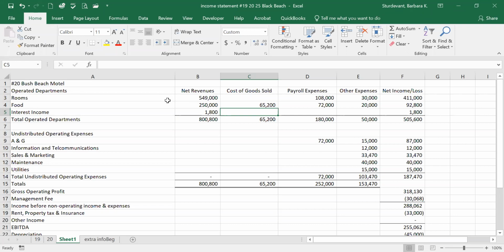Yeah, so with your rooms, it would cover your rooms, or somebody wasn't happy, you had to give them their money back. So if there's any kind of an allowance, that gets subtracted off your gross revenues. So there was a $1,000 allowance. It was the very last number on the list.